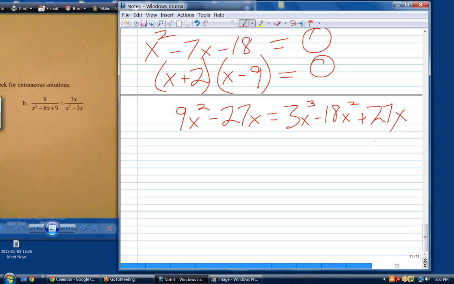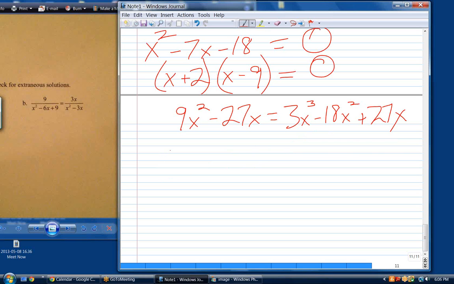Okay. Now notice that we don't have any constants here. So even though we have a cubic, we're going to be able to factor out an x and have x times some quadratic. So first of all, let's combine all the like terms and put them on one side.